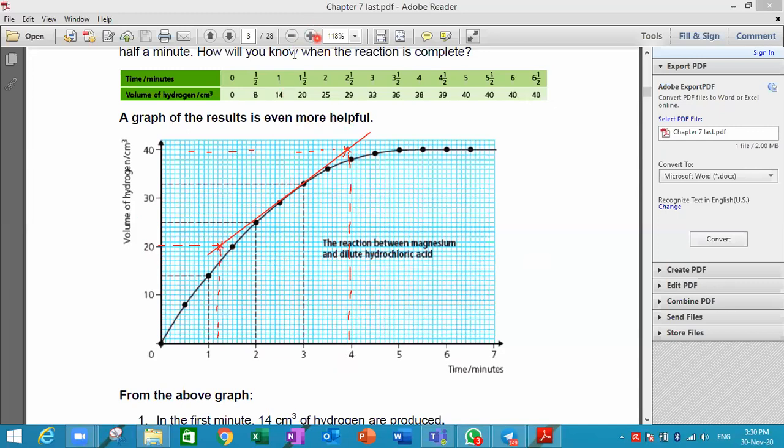Then you say that the slope equals y2 minus y1 over x2 minus x1, from which you can get the rate. The slope is equal to the rate of the reaction at a certain point. At any point, you will take a tangent and find its slope or gradient, from which you can calculate the rate.